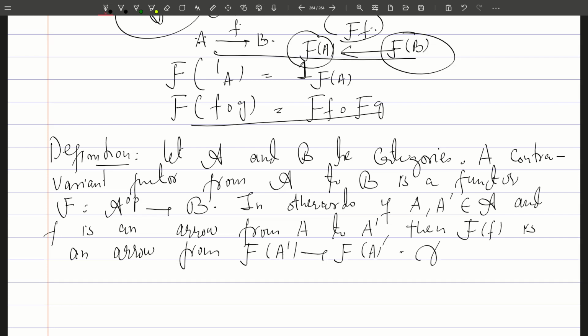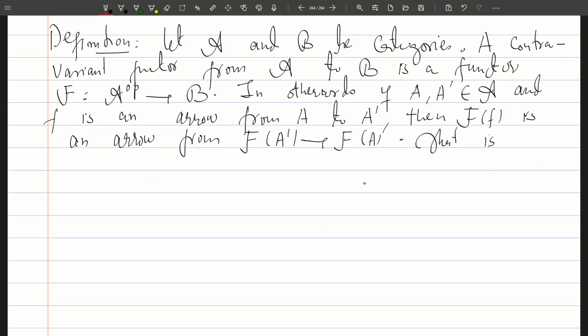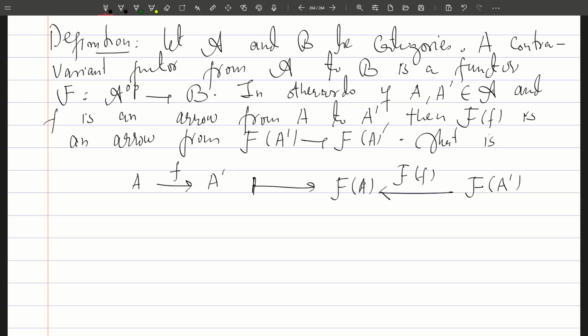That is, the arrow between A and A prime, which is f, is carried to the arrow F of f, which is an arrow from F of A prime to F of A. So such a functor is called a contravariant functor.